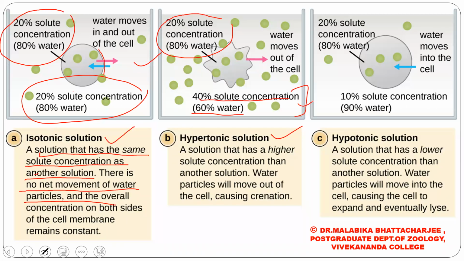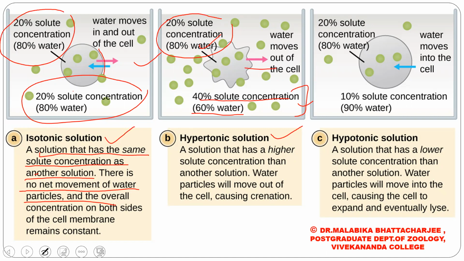So if this is a more concentrated solution, the immediate tendency of the system will be that the concentration of the solute and the water within the cell should equal the concentration of the solute and the solvent outside the cell. As you can see, we are having a higher concentration of water molecules inside the cell.